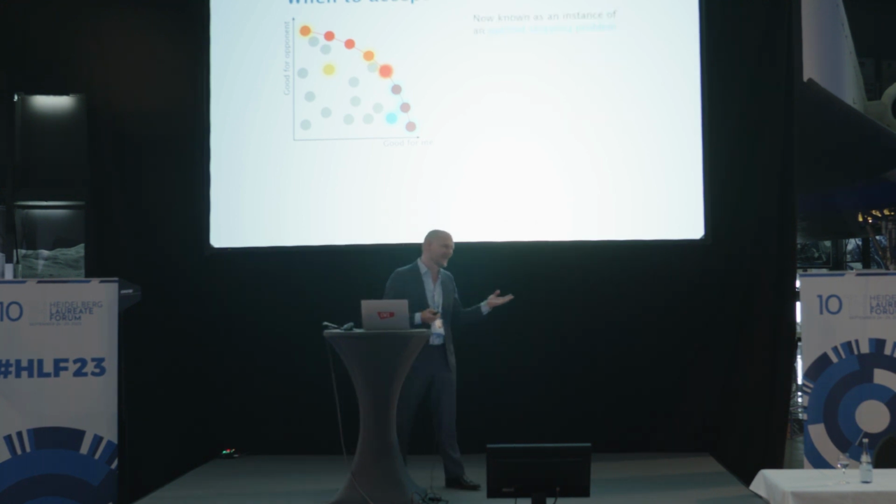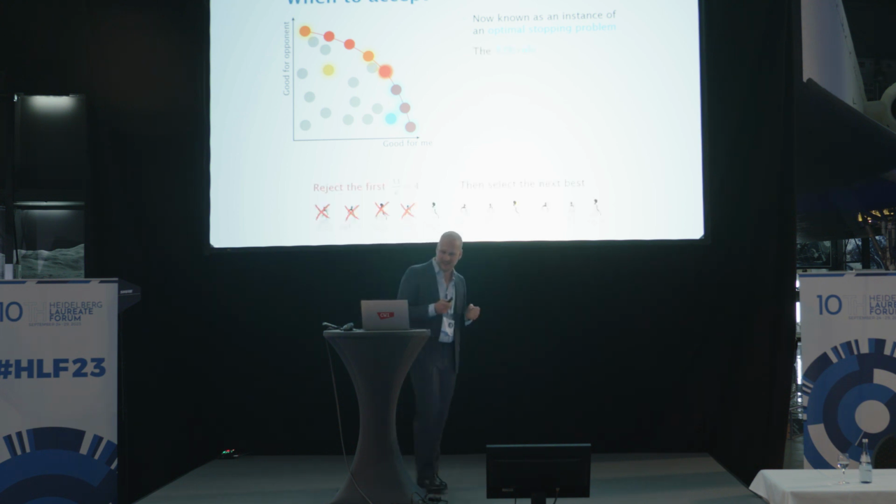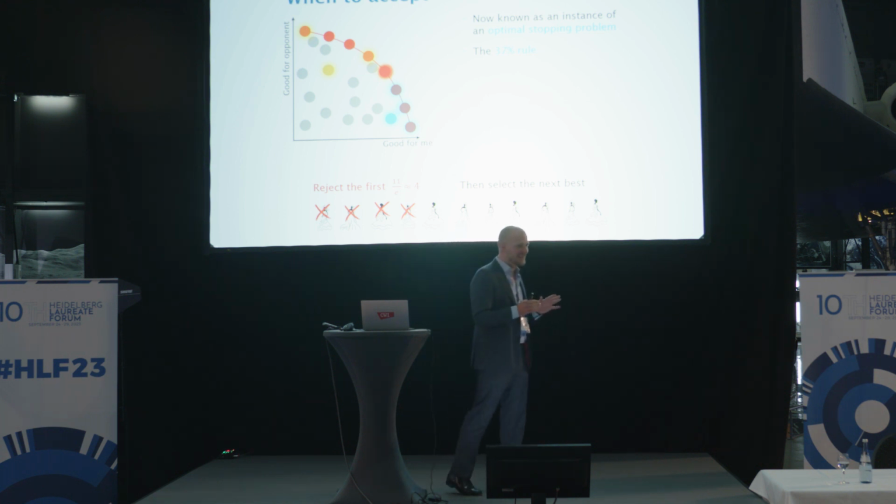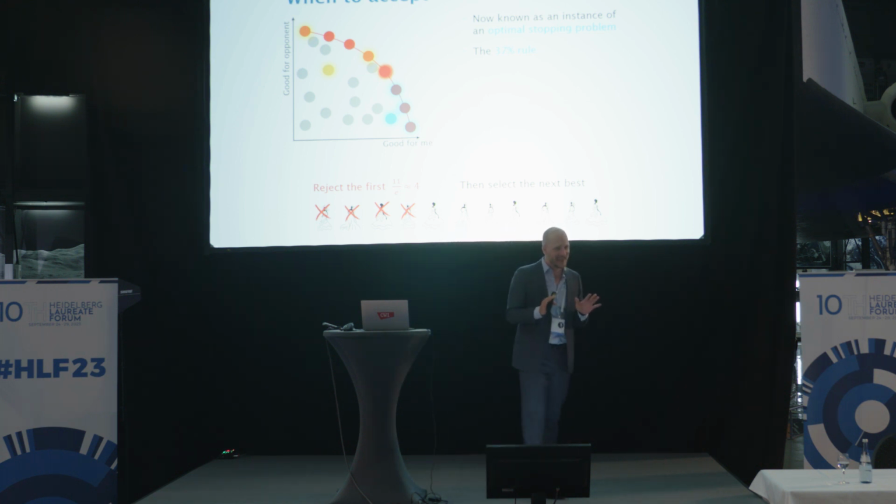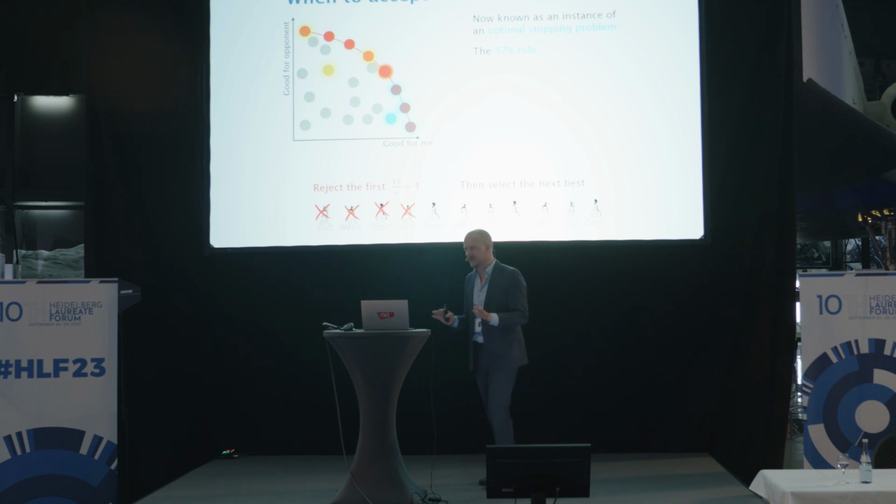So Kepler's problem is now known as an instance of optimal stopping theory, a stochastic decision problem of determining to accept among offers that appear sequentially and randomly. And you can show that in the simple case, it is a well-known result that you have to blindly decline the first 37%, 1 over e, of the candidates, without even thinking about it.